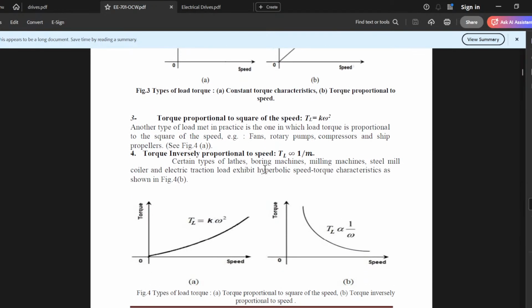Torque inversely proportional to speed, 1 upon omega. This is for certain types of lathes, boring machines, milling machines, steel mills; electric traction load requires this characteristic. So this is K omega square and K upon omega.